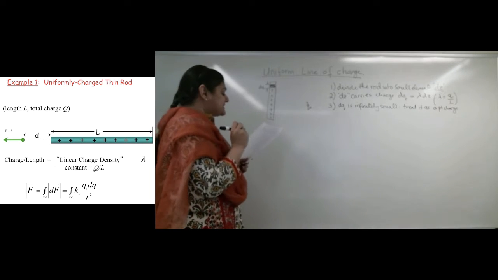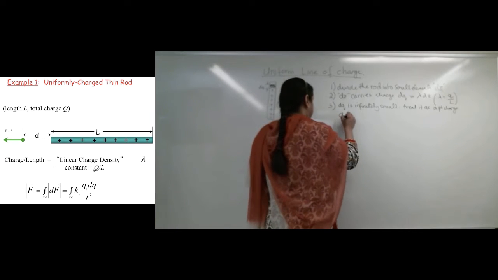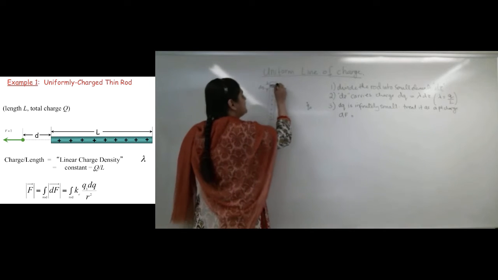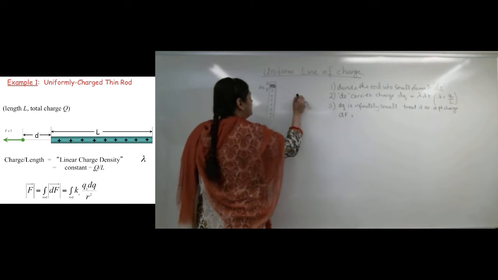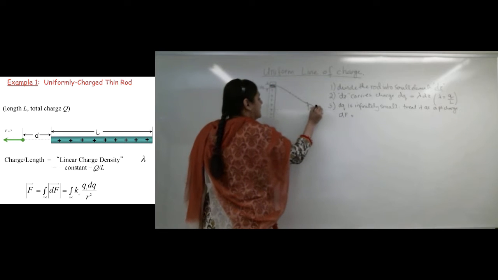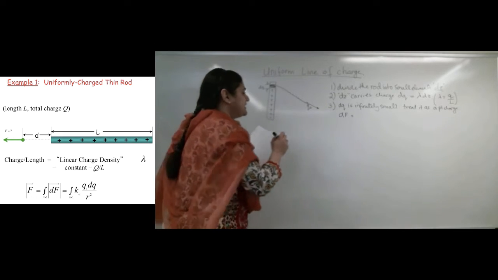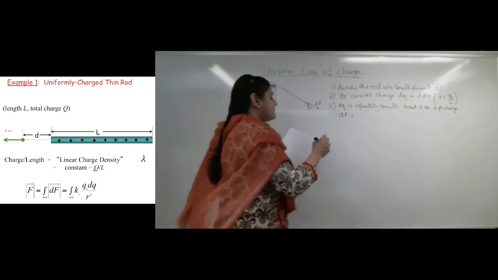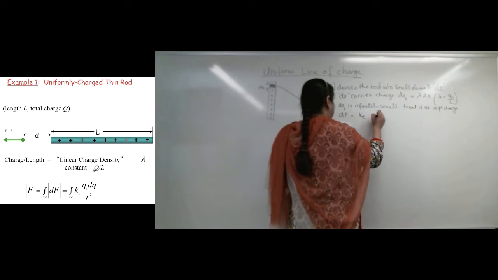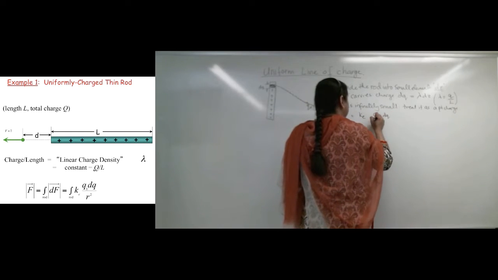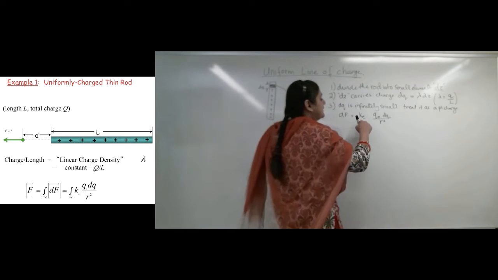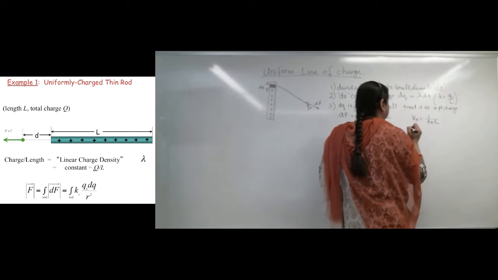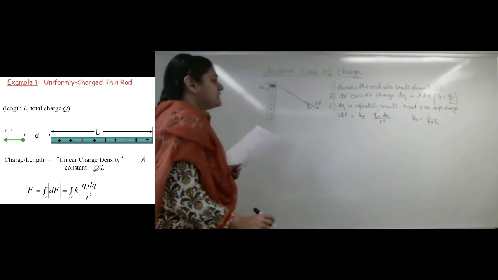So this exerts a force dF on the test charge that is placed here. If my test charge is positive, my dF will be pointing away from it. And this dF mathematically is equal to k_e Q naught dq over r squared, where k_e, I always know, is 1 over 4 pi epsilon naught. So that's number one.